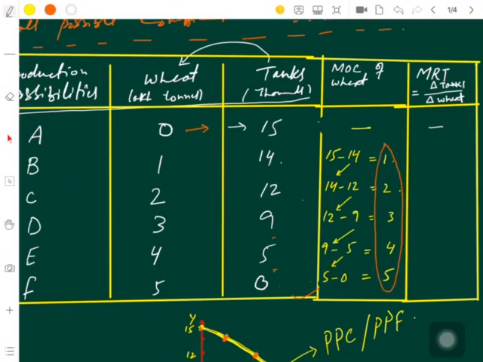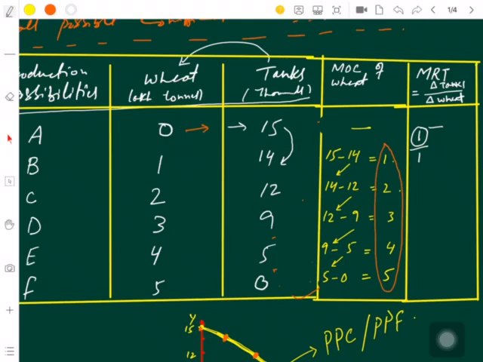But at the next stage, we are sacrificing 1 tank to produce 1 wheat. The change in tanks from 15 to 14 is this 1, and the change in wheat from 0 to this 1 is here.